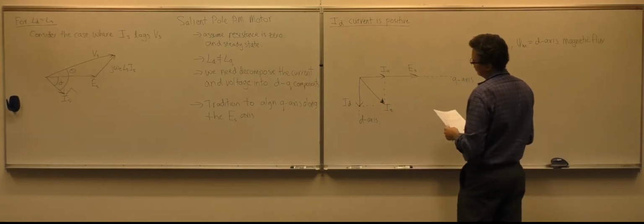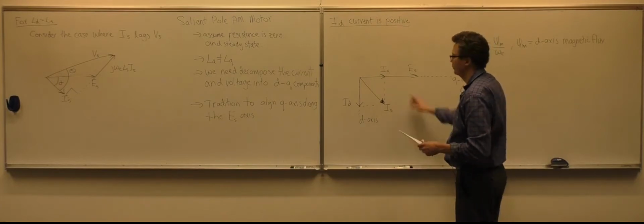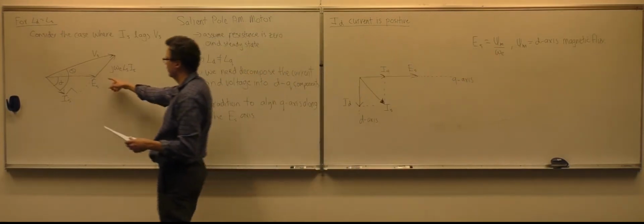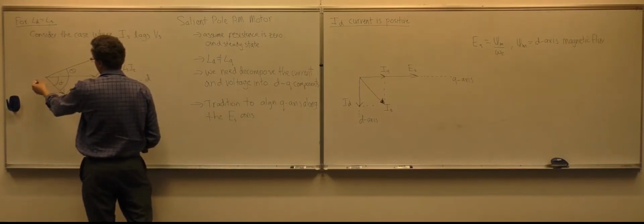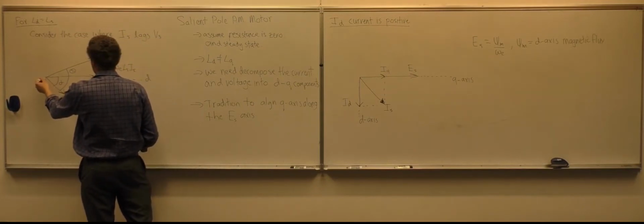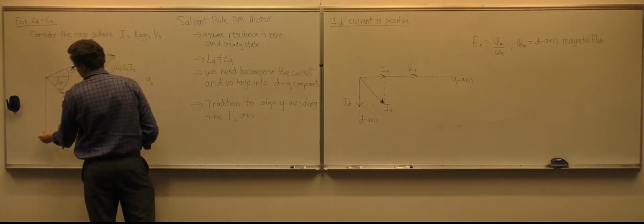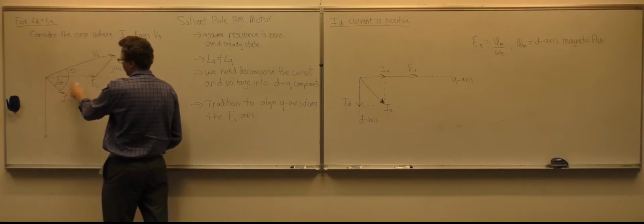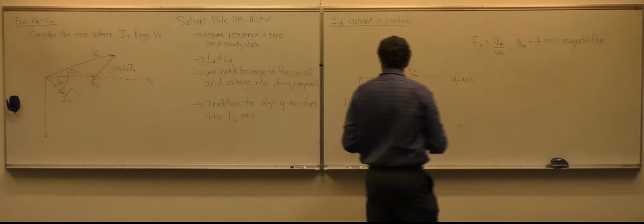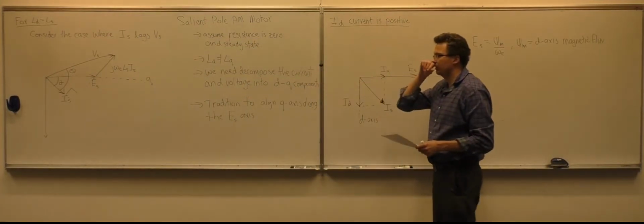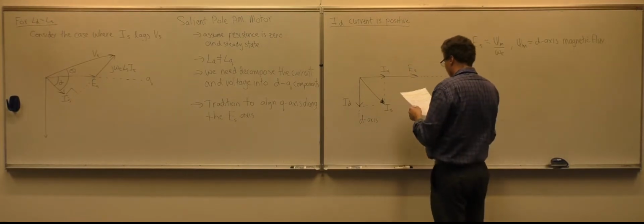Okay, and so we're just decomposing the currents. We could have done that here if we'd wanted to. If you see here, we could have defined this as the d-axis, and then this would be the q-axis, and then you could decompose the IS into d and q as well. But you don't have to do that with the surface permanent magnet motor, but you need to do it when it's this saliency.